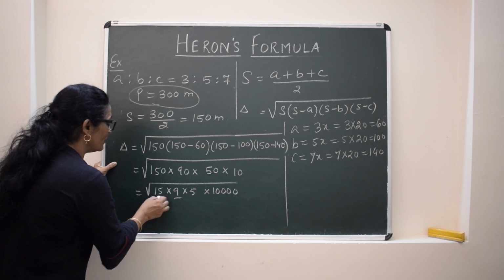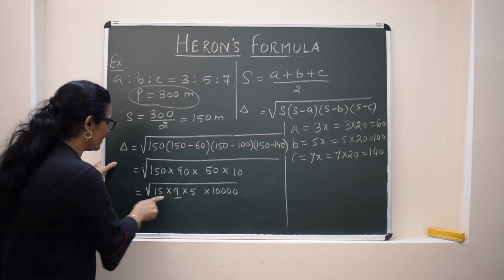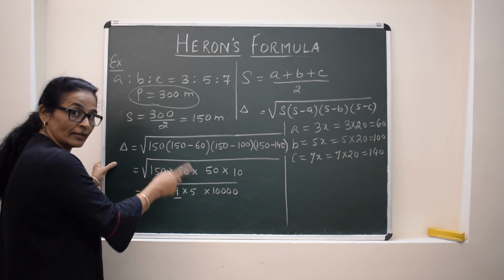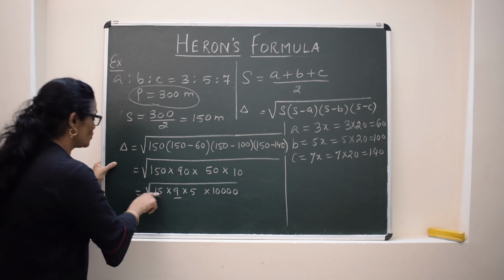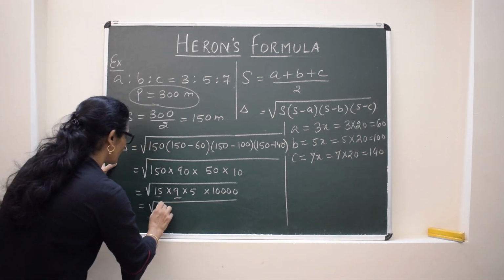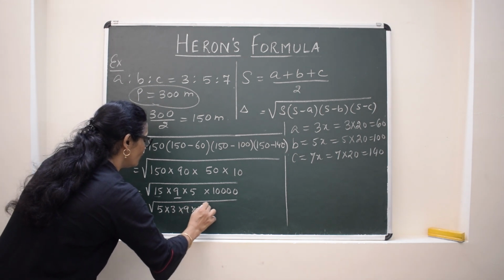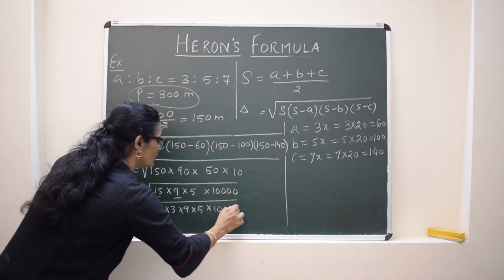This 15 we will break as 5 into 3. Why? Because that 15 and 15 here will come out from the radical sign. So further we will write it as under root of 5 into 3 into 9 into 5 into 10,000.